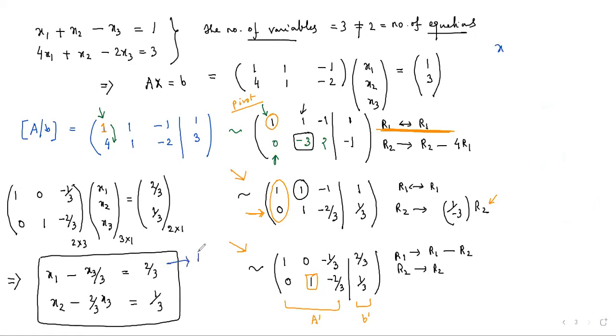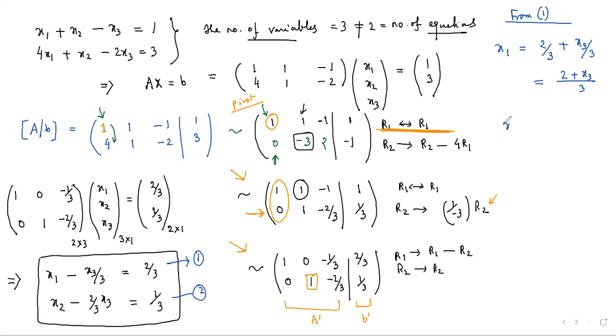If I name them equation 1 and equation 2, from equation 1 we can write x1 equal to 2/3 plus 1/3 of x3, that is 2 plus x3 by 3.